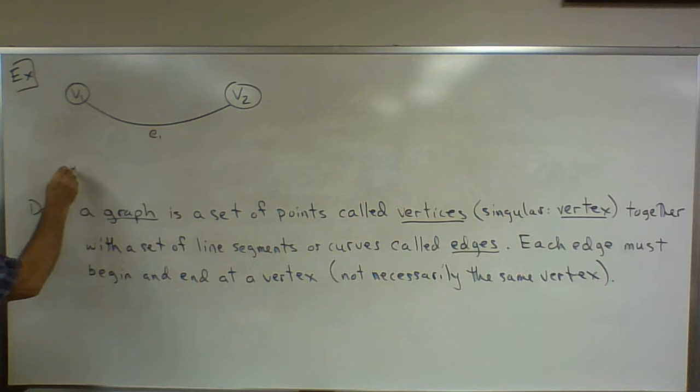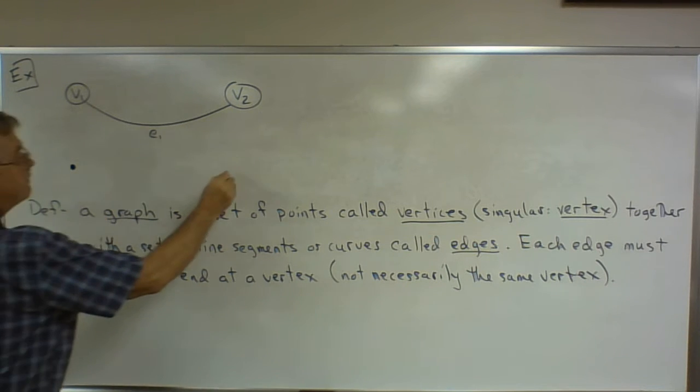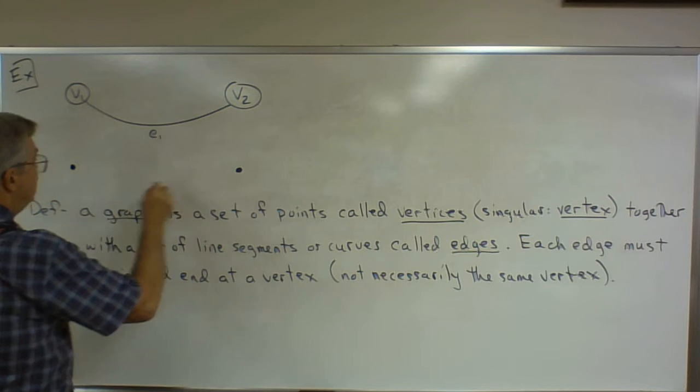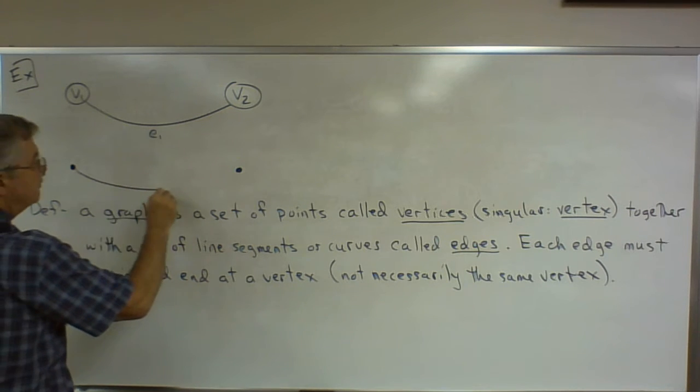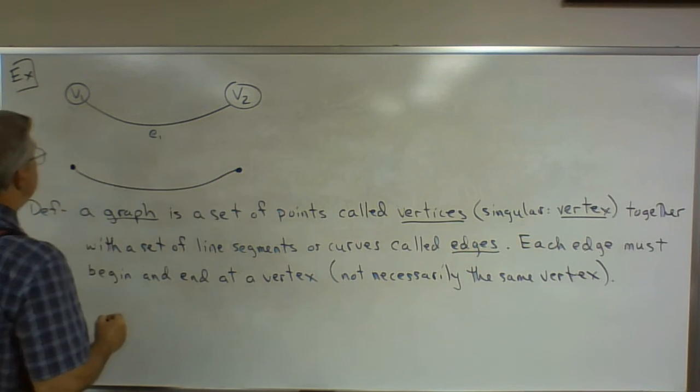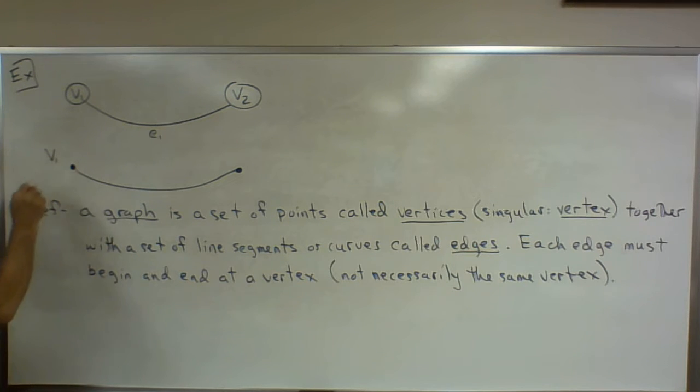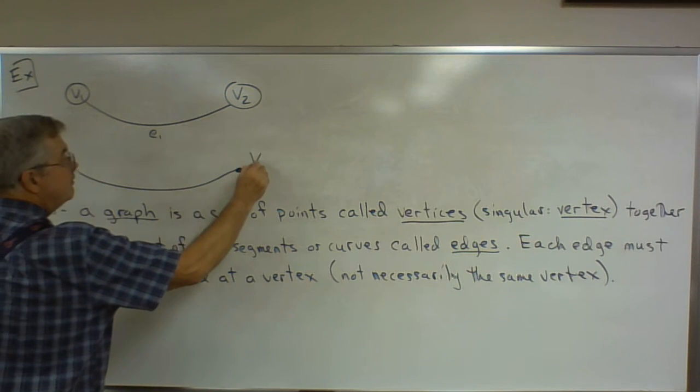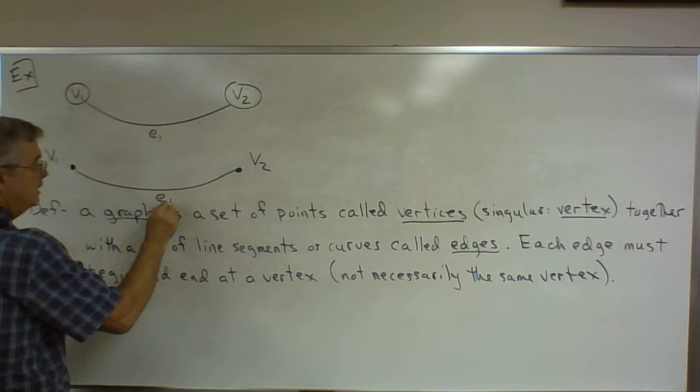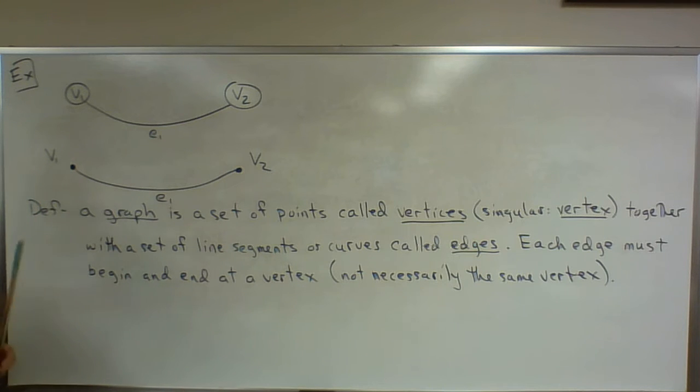We could also draw this same graph using literal points and label the vertices this way, V1, V2, and we'll label the edge E1. So here's a graph, V1, V2, and the edge connecting them is E1.